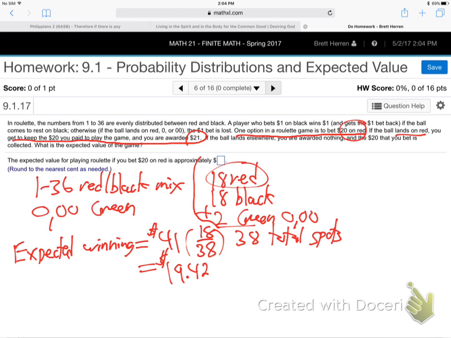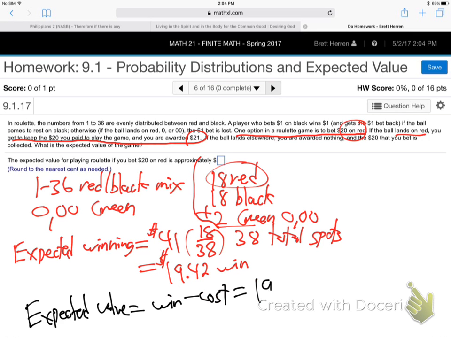So $19.42 you would win back, but what's the cost of the game? The final expected value is the winning minus the cost. So it's the 19.42 minus the $20 cost, and that's minus 58 cents.